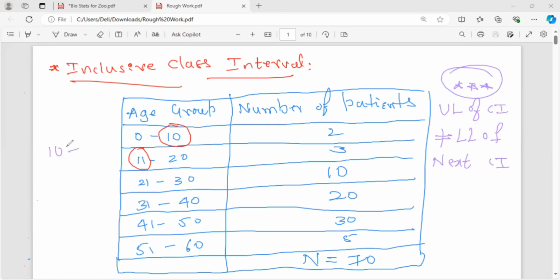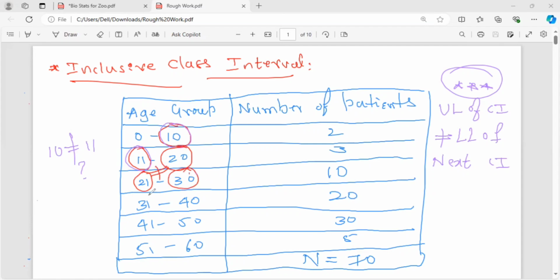See here, is 10 equal to 11? No, 10 is not equal to 11. Is it clear? So the upper limit of a class interval is not the same as the lower limit of the next class interval. Such class intervals that exist in your table are kinds of inclusive class intervals.